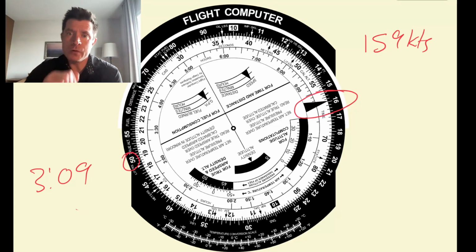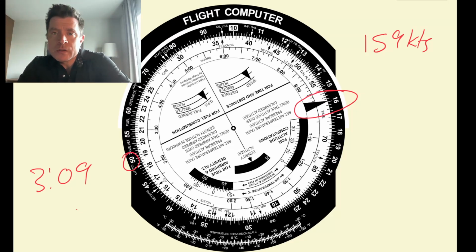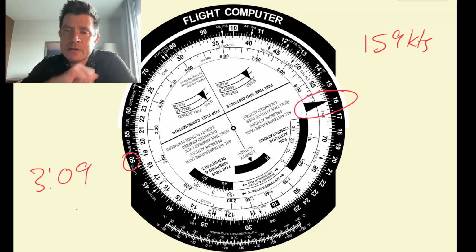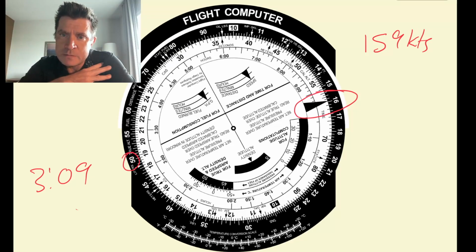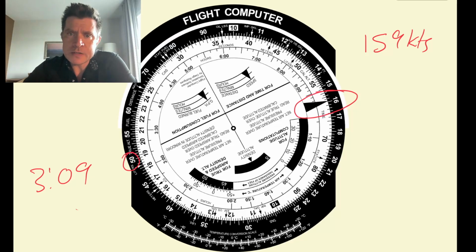Now, if you look real closely, on that inside ring, it says 3 hours, and you can see that 50 is just before the 10-minute line at 3 hours and 10 minutes. So we're going to go with 3 hours and 9 minutes. All right, so 3 hours and 9 minutes en route.